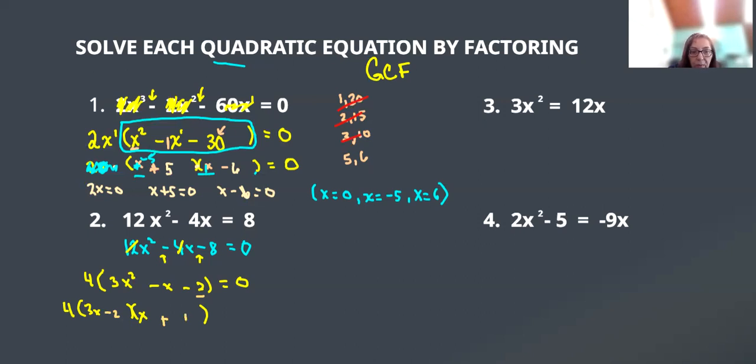Now remember, to get this middle term, remember what you learned. You multiply the outsides, that gives you 3x. You multiply the insides, that gives you negative 2x. Well, is 3x minus 2x a negative x? No, so that doesn't work.